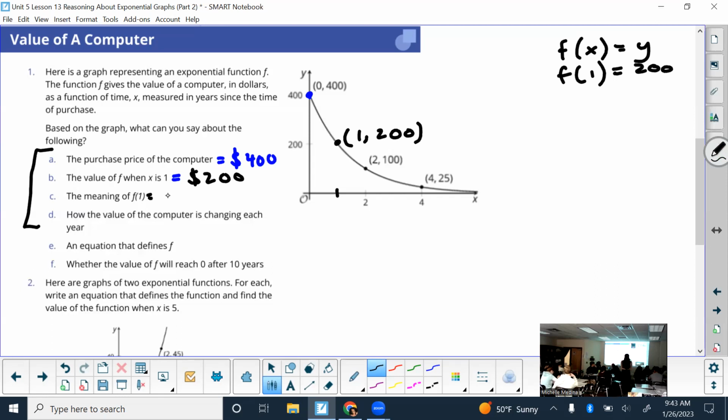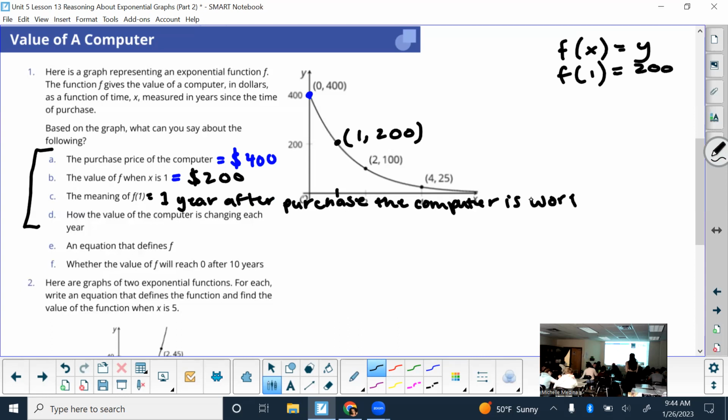So the 1 is 1 year after they purchased. So 1 year after purchase. And then what does the 200 mean? Okay, good. So 1 year after purchase, the computer is worth $200.